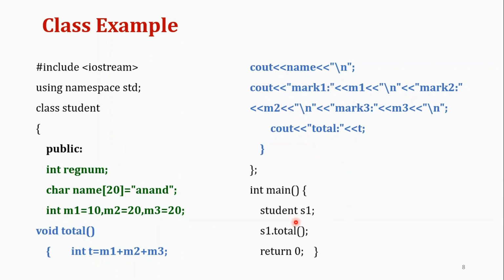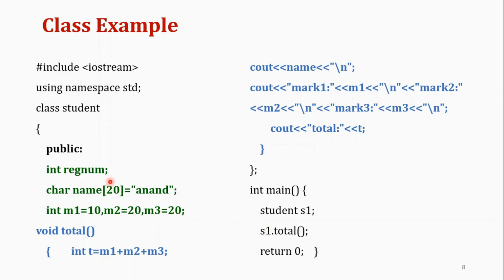For creating an object, the syntax is the class name, space, a valid identifier, and then object dot the member. You can access the register number, the name, the marks M1, M2, M3, anything with the dot operator: S1 dot register number, S1 dot name, S1 dot M1, S1 dot M2, S1 dot M3 are also allowed.